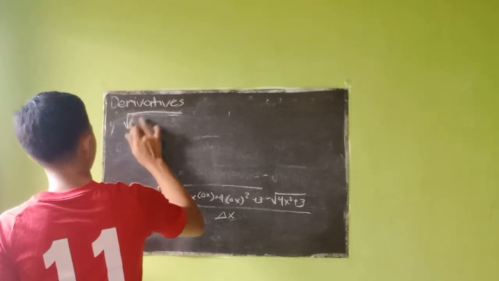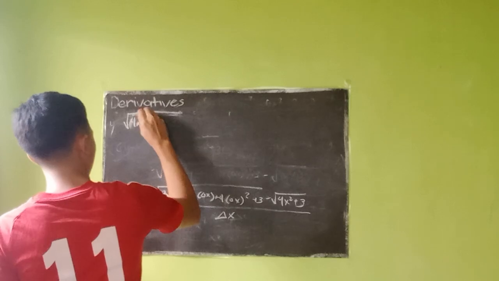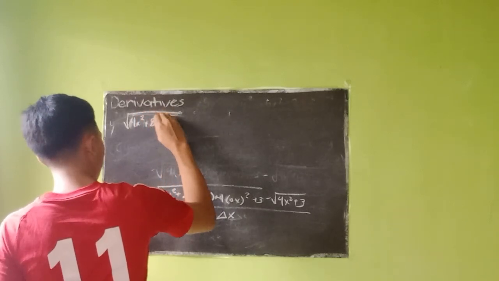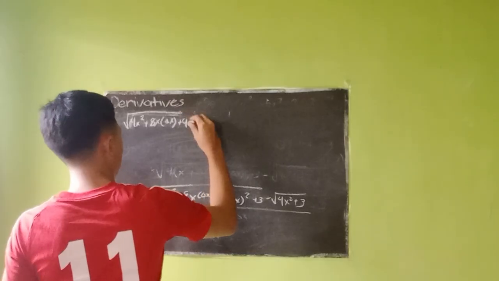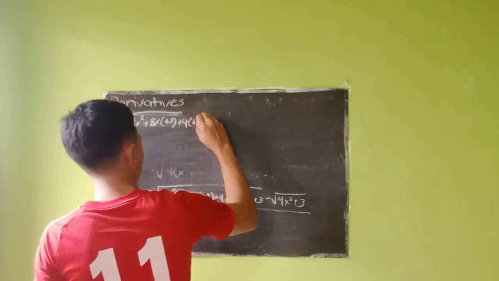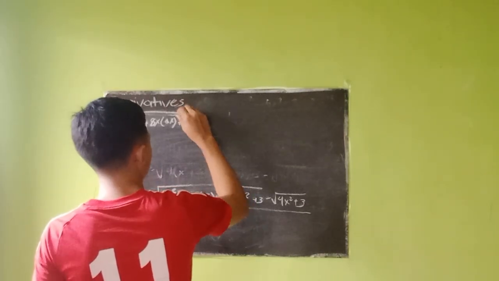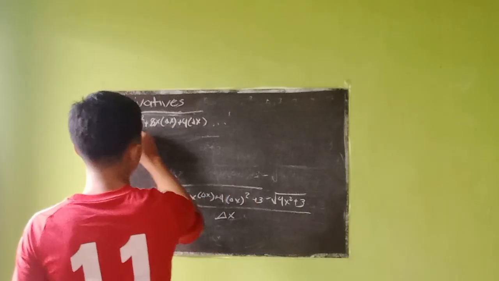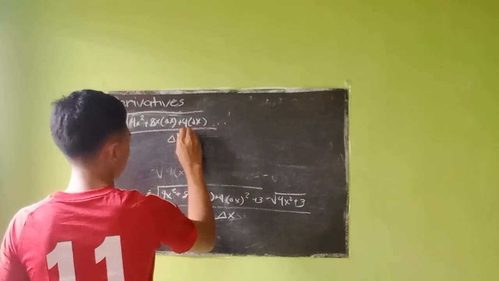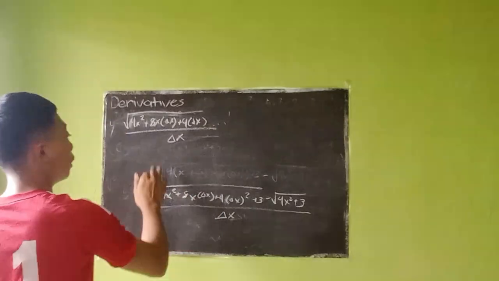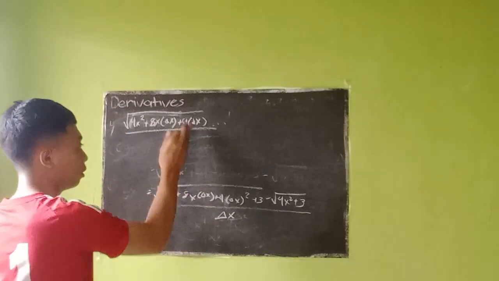Alright, so let's have 4x squared plus 8x delta x plus 4 delta x and so on like that. Keep in mind that you also have to apply the same thing.